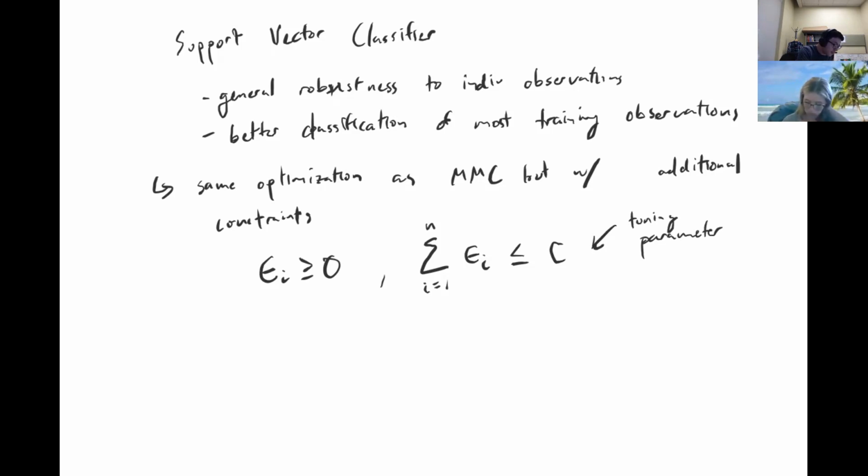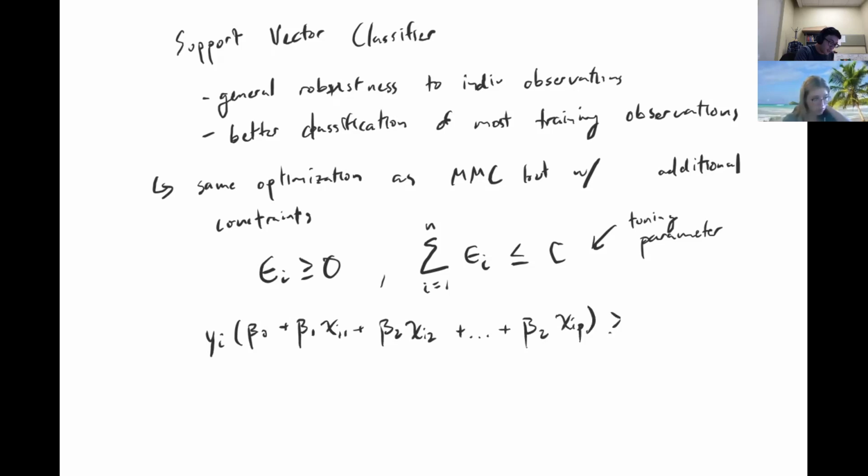And so we're going to modify one of the constraints, this one. We were saying before that it's greater than or equal to m, but this time we're doing greater than or equal to m times 1 minus epsilon i. And so this epsilon is known as a slack variable.